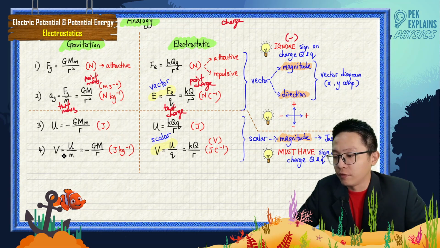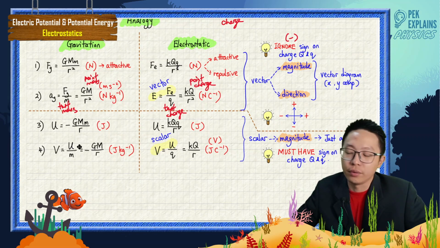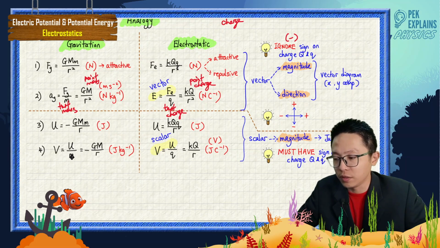Now, gravitational potential is actually gravitational potential energy divided by test mass, or gravitational potential energy per unit test mass. Once we divide by test mass, the test mass is gone, so the formula is left with negative GM over r.